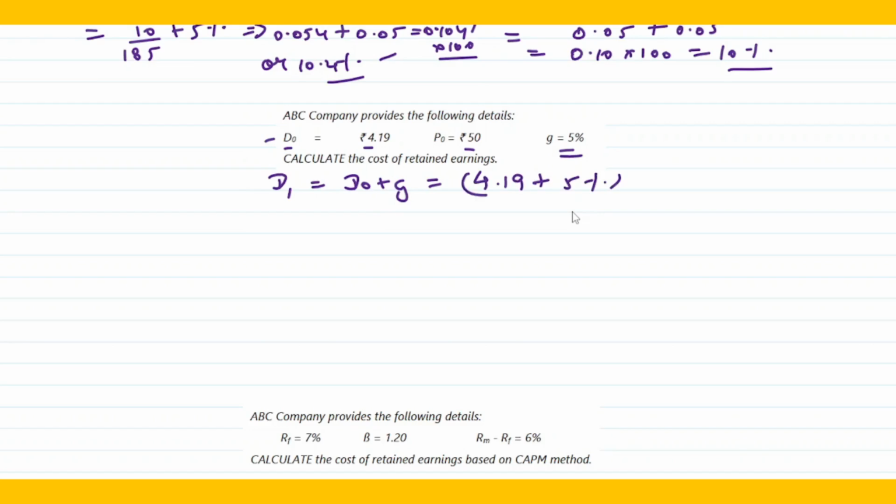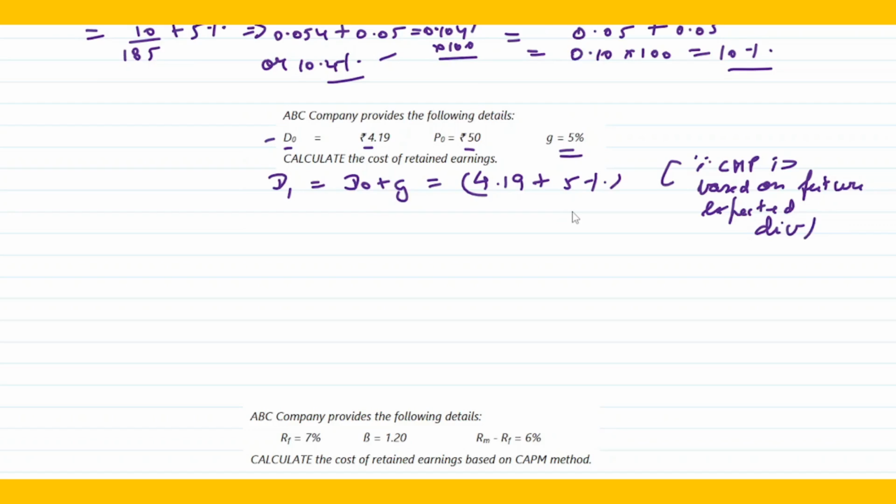Why are we adding this growth rate to D0? I have already discussed this in the last video, but just for your clarification, there are certain assumptions in the growth model. The first rule says that your current market price is based on future expected dividend.